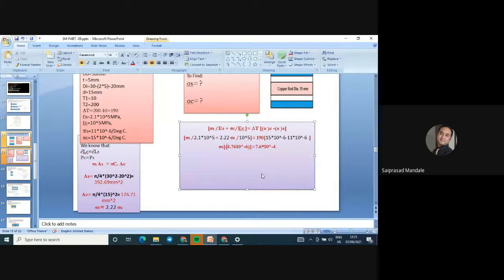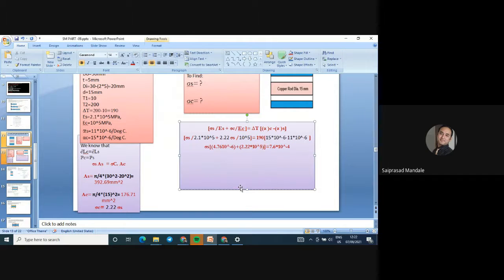Everybody has to calculate now. Plus 2.22 divided by 10 raised to 5. So it is 2.22 into 10 raised to minus 5.